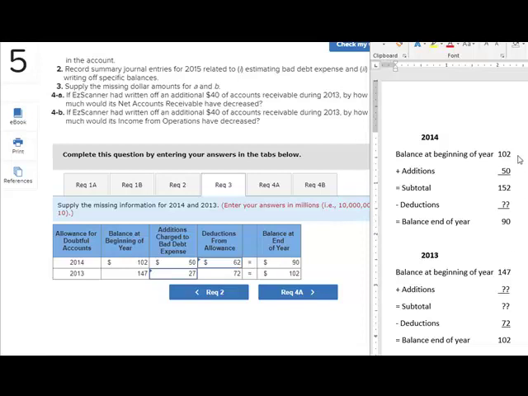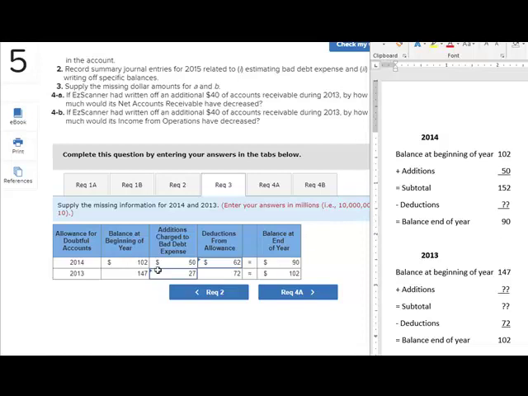I know that the beginning balance in the allowance account plus the additions, which this addition comes when we make the adjusting entry, debiting bad debt expense, crediting the allowance account. So these two added together give us this subtotal. And then when we subtract the deductions, which the deduction would be the debit to the allowance account for the write-offs, well, then we're going to get our ending balance.